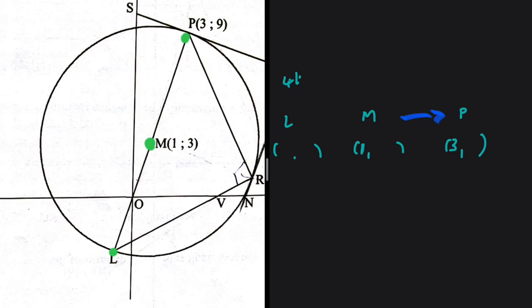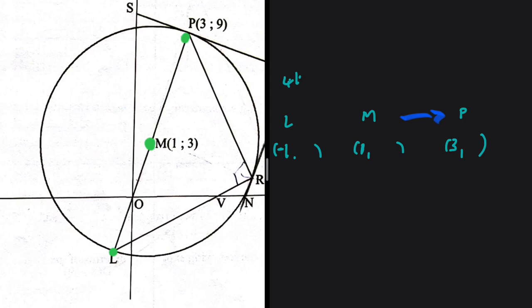So the difference is 2. That should be easy to see. The same should be true for the distance from L to M. So here we must have minus 1, right? Because from minus 1 to 1 is 2 units. From 1 to 3 is 2 units.